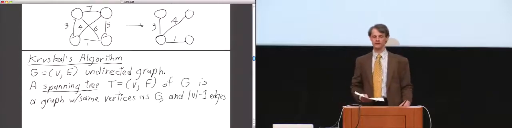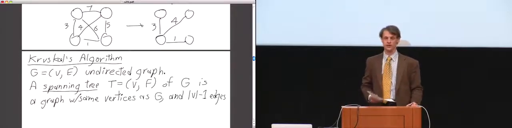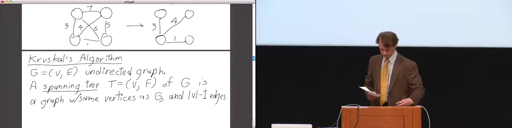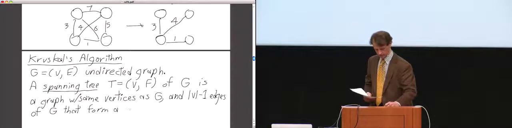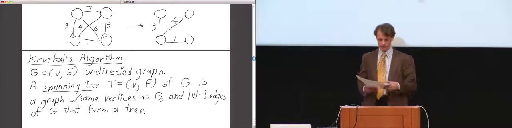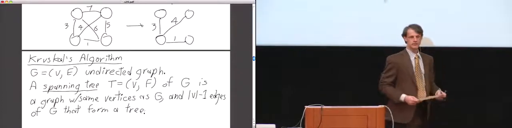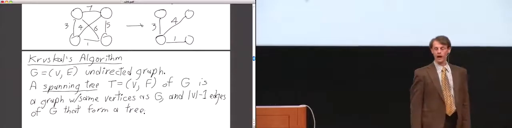If you have V vertices connected together in a tree, you have V minus 1 edges connecting them. And those edges have to come from G and form a tree, no loops, no cycles. Exactly one path between any two vertices. So that's what a spanning tree is.